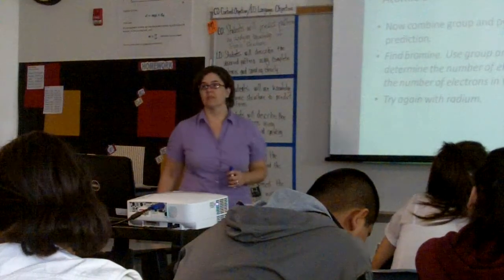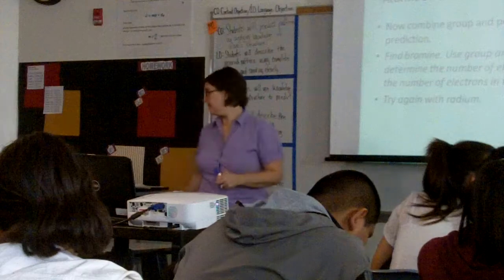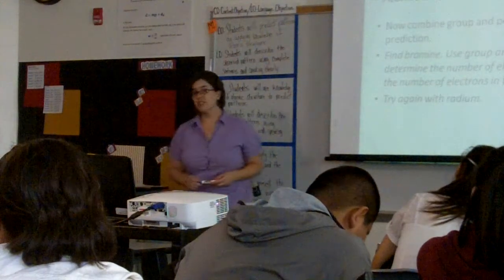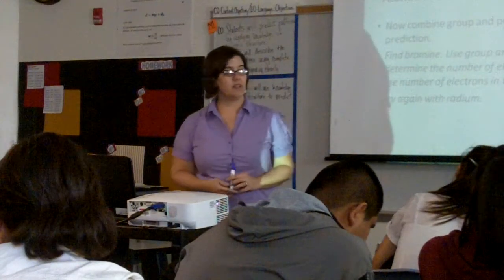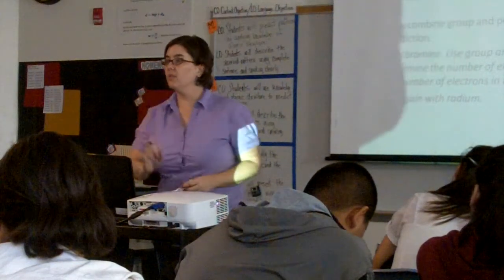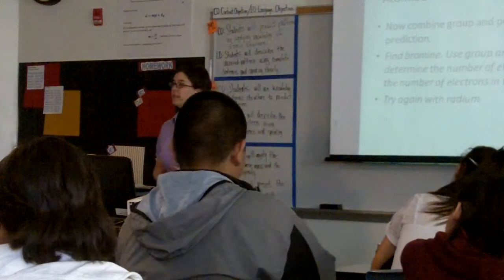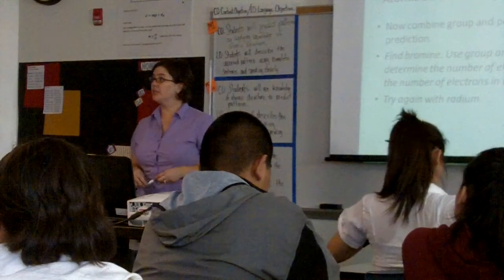There's 7 shells and 2 electrons on the outside. Good. 7 shells, 2 electrons on that last shell. Because it's in, what period number is it in? 7. Period number 7. And what is the group number? 2.